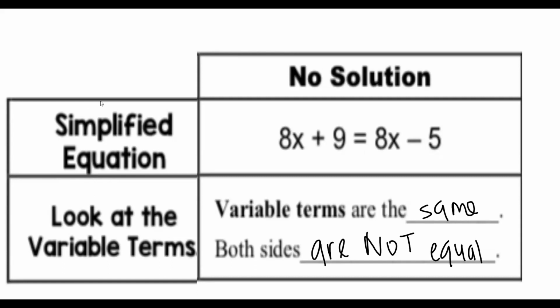So if we were to subtract 8x from both sides, we would get 9 equals negative 5, but that is not true. So it is not a solution. It's not going to be true for any number. And now we're going to practice.